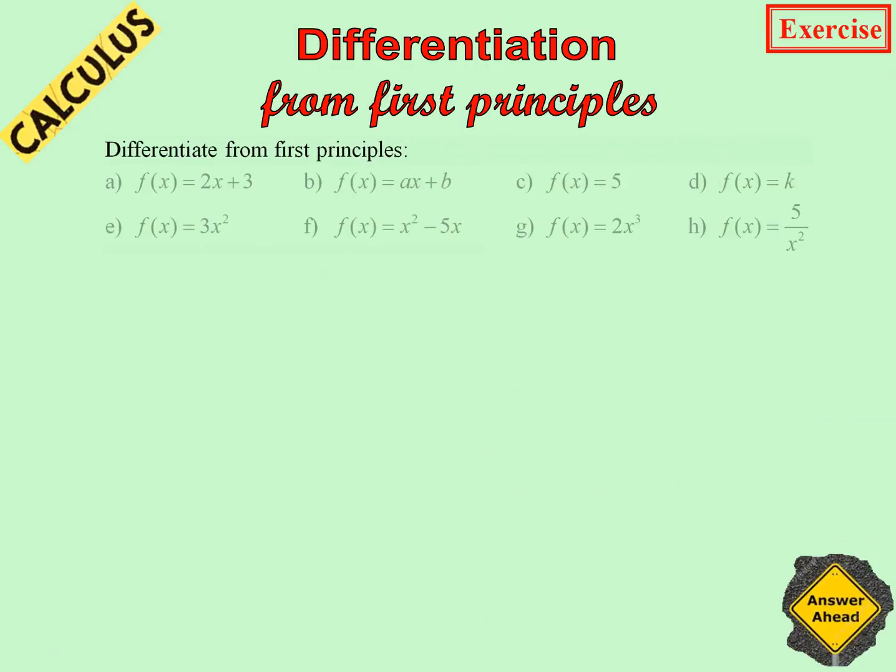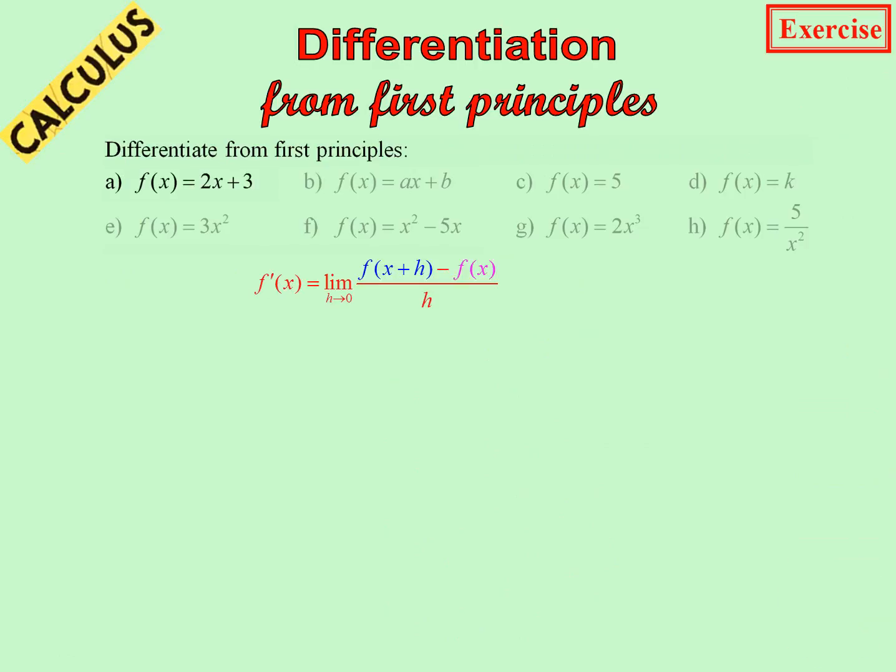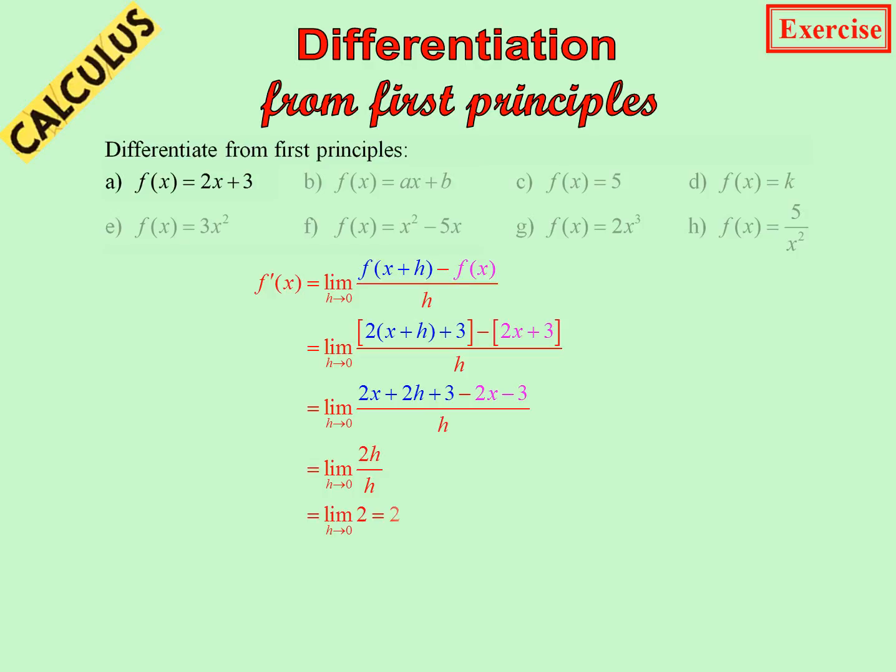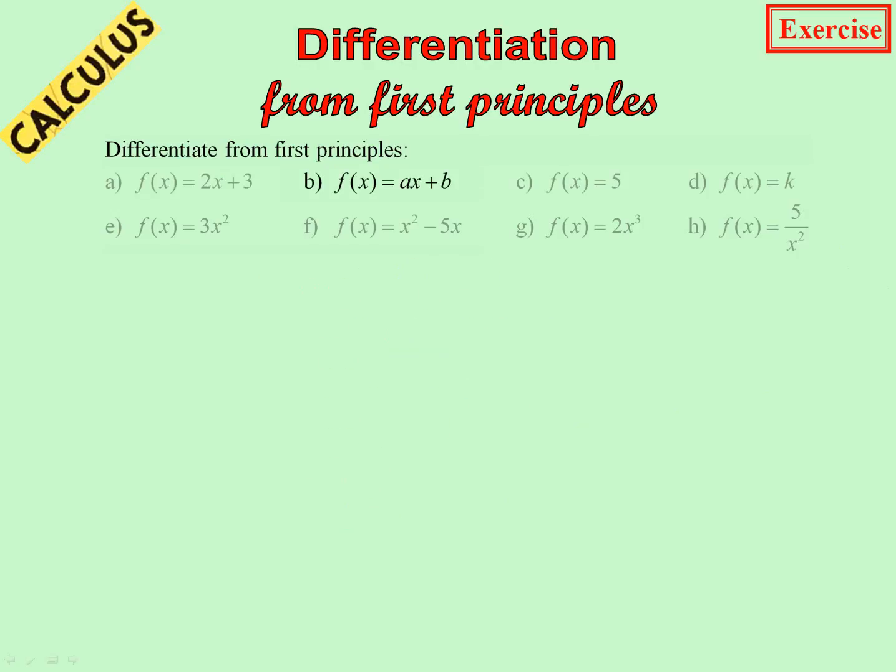Some exercises for you. Pause, try them, then go through the answers. Limit of 2 as h tends to 0, 2 is a constant, therefore the limit is 2.